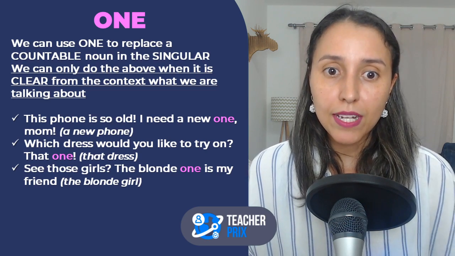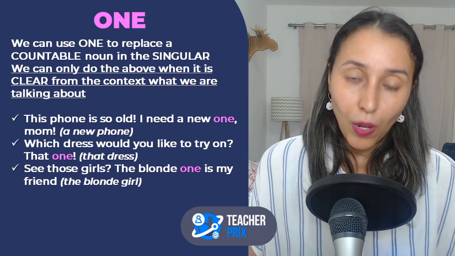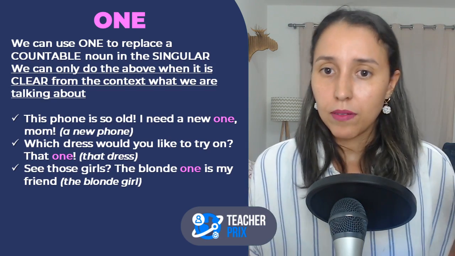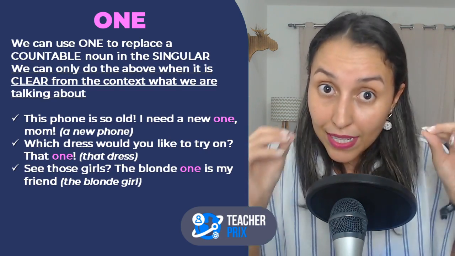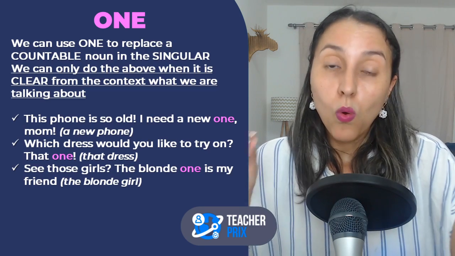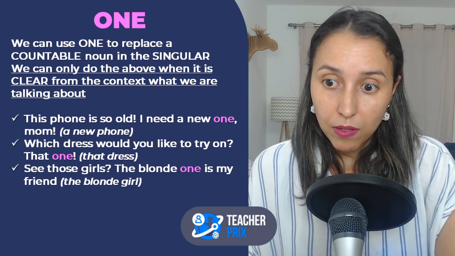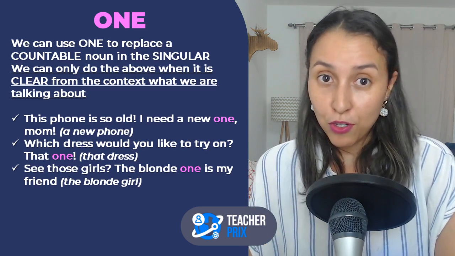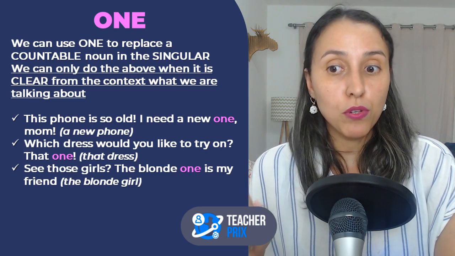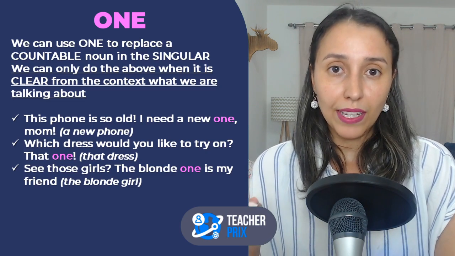I don't want to repeat dress again. So I'm going to use one, this one, that one, because I know it's very clear to me. It's very clear for the listener what I am talking about. If the listener doesn't know what you're talking about, it'll be very difficult for them to understand what you're saying, okay?